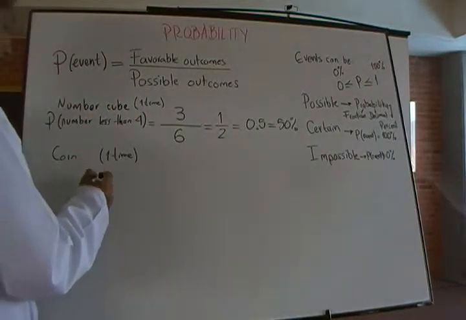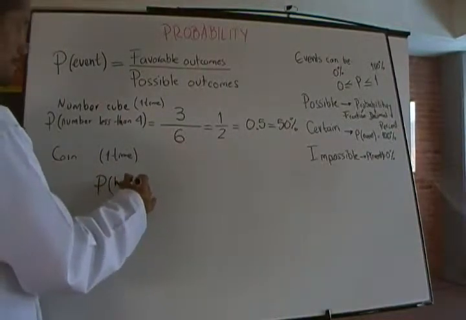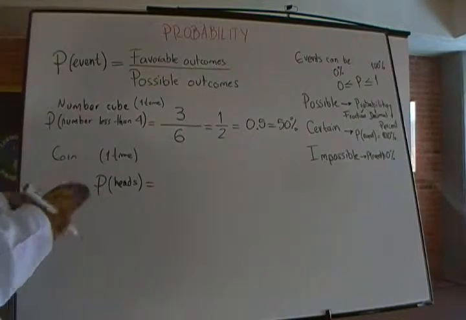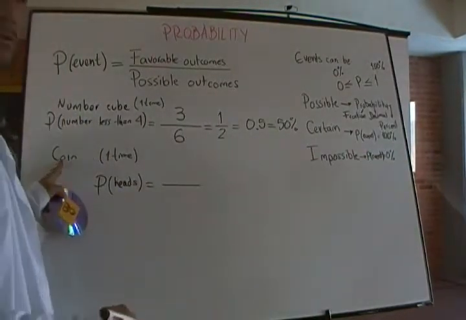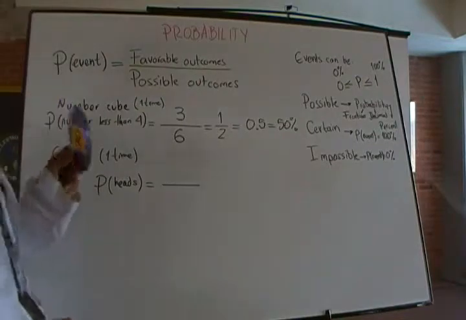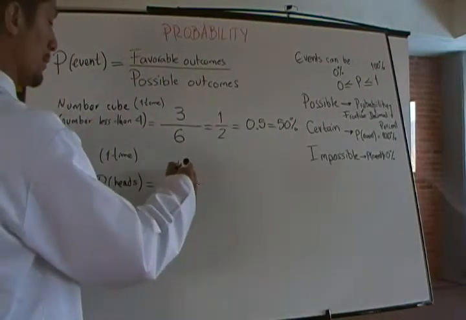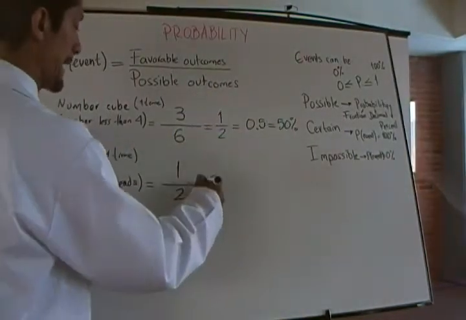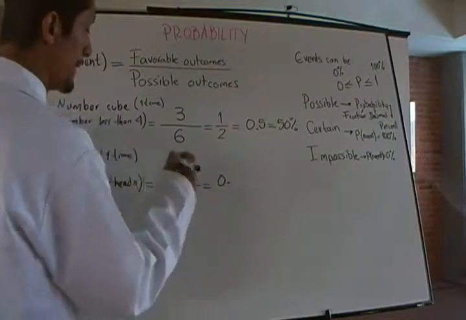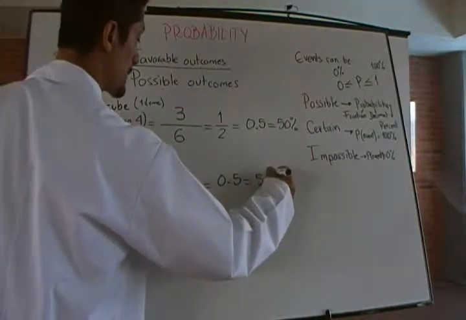For example, if I want to get the probability of getting heads only one time, I'm going to toss the coin only one time, the probability of getting heads would be 1 favorable out of the 2 possibilities, heads or tails. So again here, the probability is 5/10 or 50%.